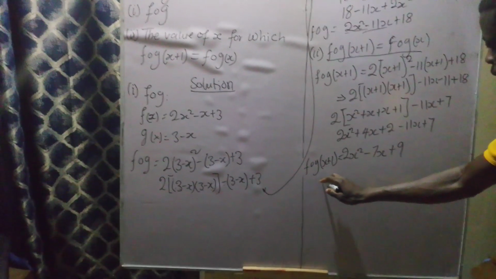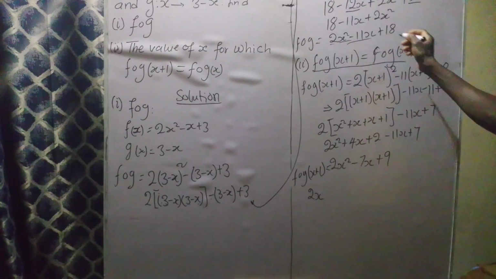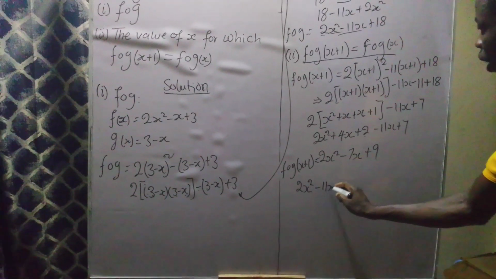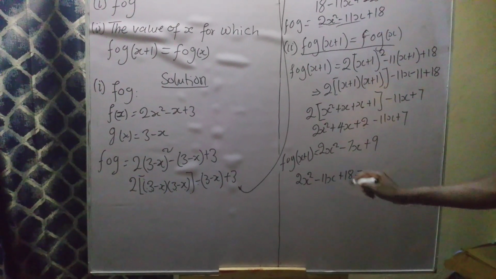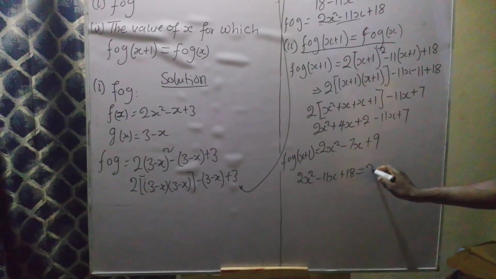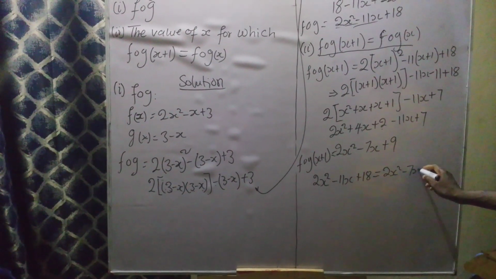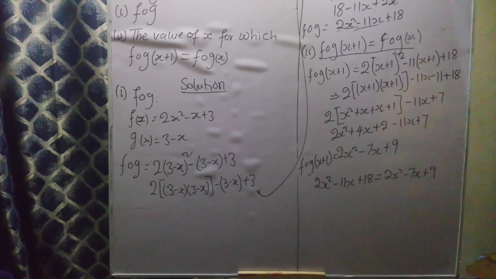We're going to have 2x squared minus 11x plus 18 equated to 2x squared minus 7x plus 9. We can group like terms.